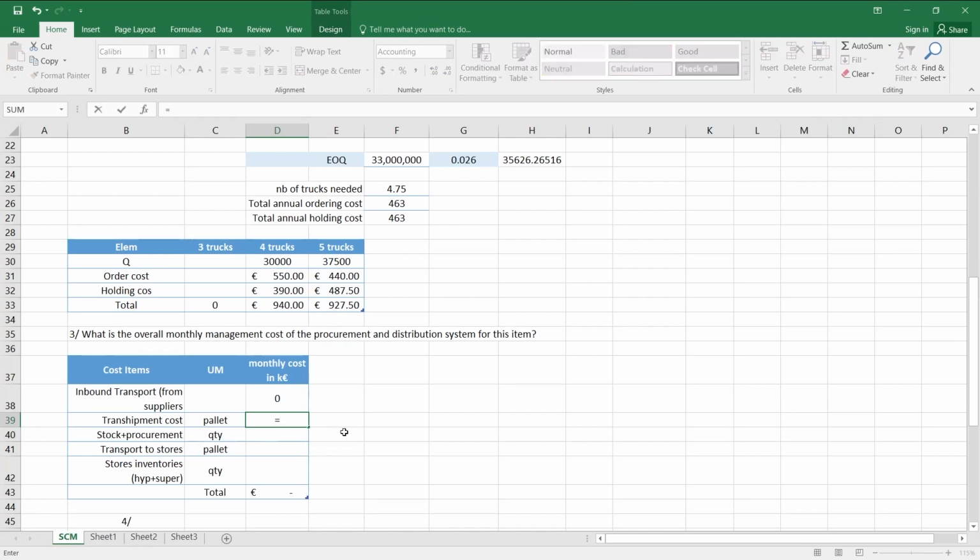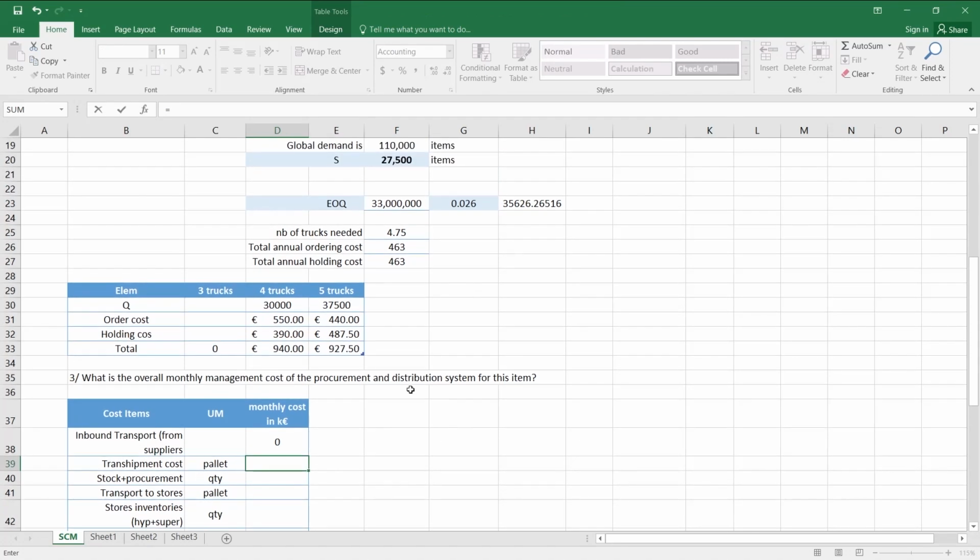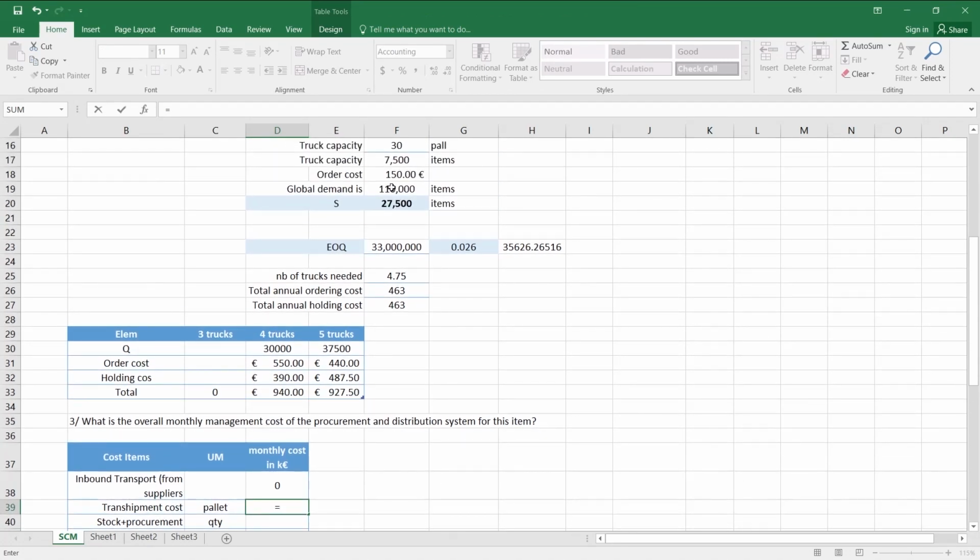Okay. Now for the transshipment cost. Here, basically, we are going to take the number of pallets times the transshipment cost, which is 6 euro. So in order to do that, we are going to take the global monthly demand, which is 110,000, divided by the 250 items that we have seen previously that a pallet can have.